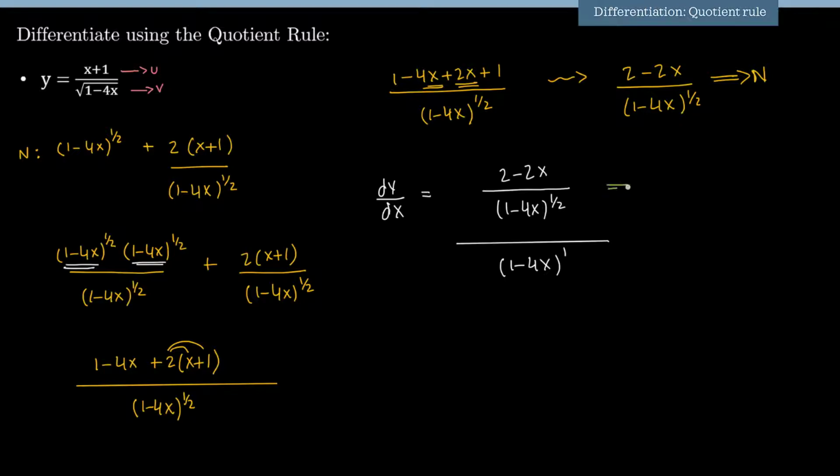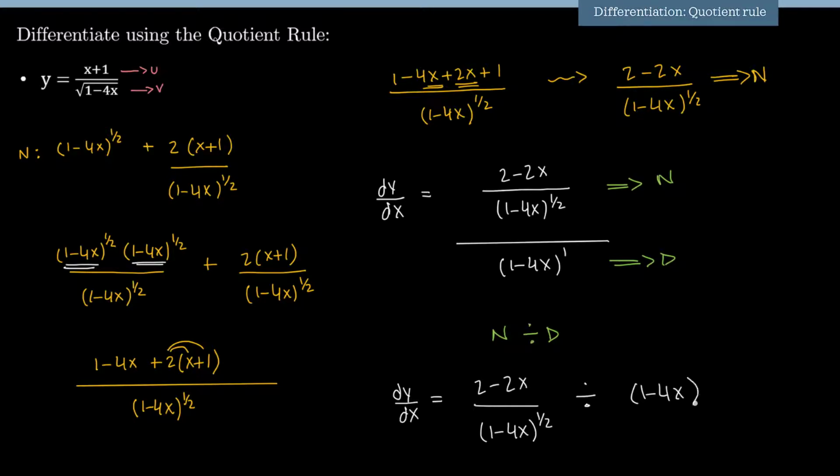This here is my numerator and this is my denominator. For fractions, we write numerator divided by denominator. So I can write this dy upon dx as the numerator, which is this, then divided by the denominator, which is this, 1 minus 4x.